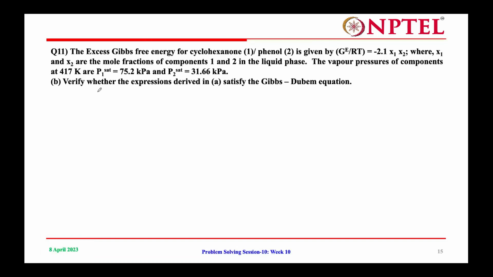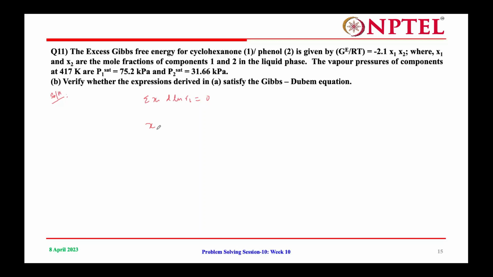Now the same statement here: we have to verify whether the expression derived here satisfies the Gibbs-Duhem equation. So Gibbs-Duhem equation: summation x i d ln gamma i equals 0.